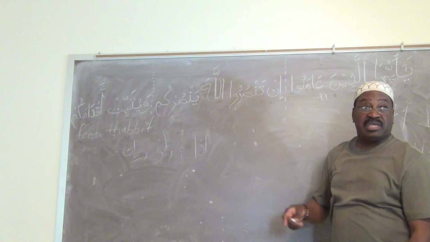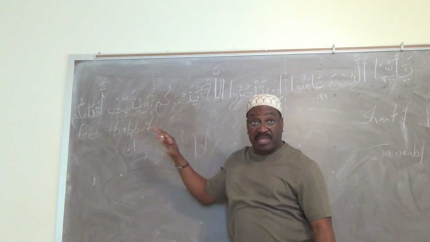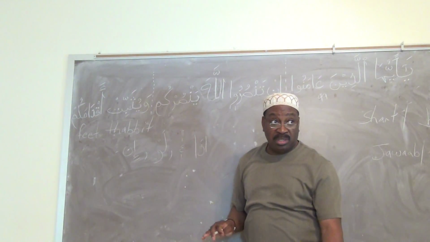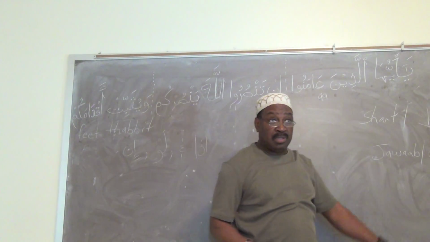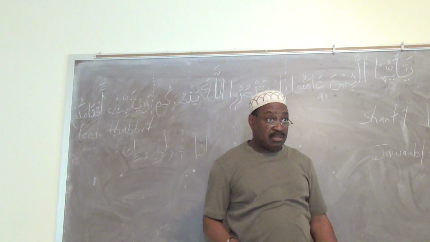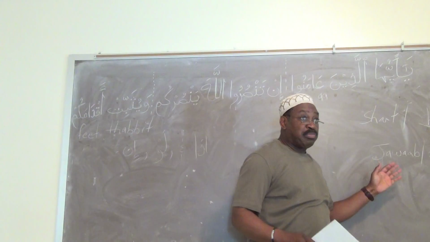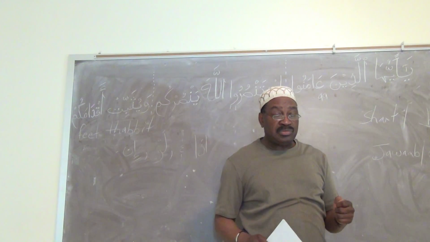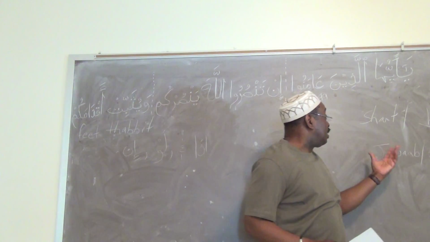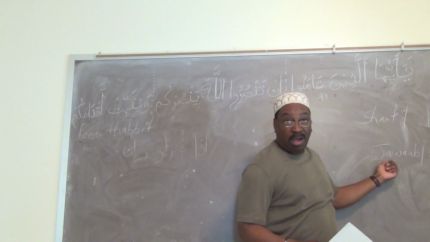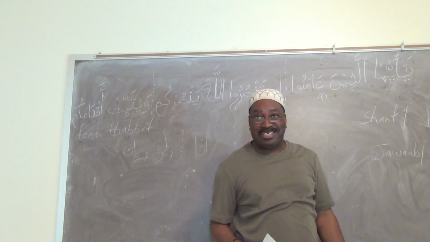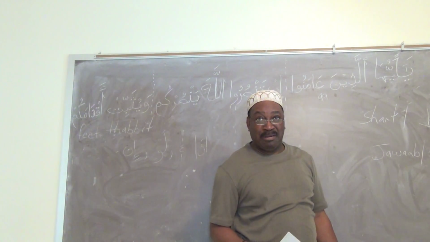And the fulfillment of that condition is called what? Yes. Jawab. Okay? Now, as Brother Tarek told us how the Egyptians pronounce the letter J as G, we said Jawab, you would say Gawab, right? Yeah, we can say Gawab, short.